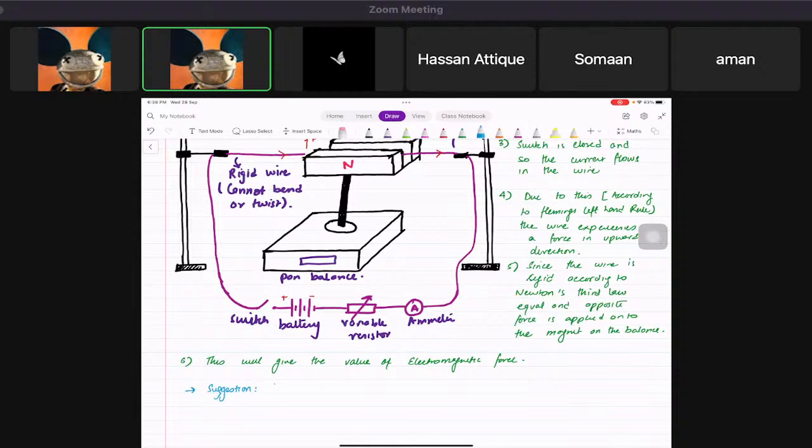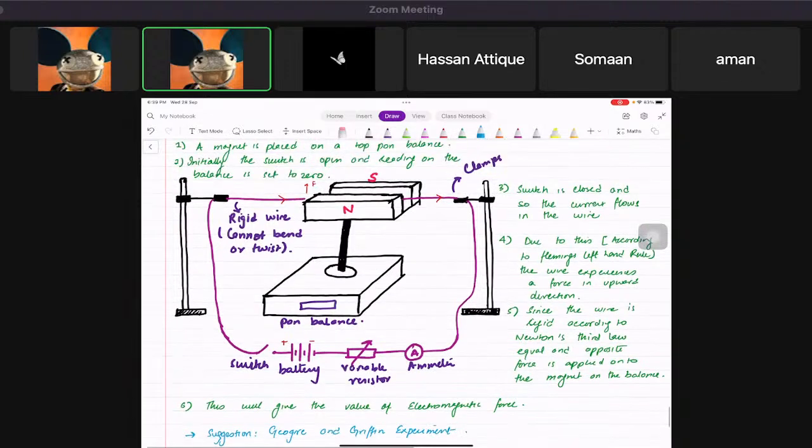But if you want to really go deep into it, you go and search George and Griffin experiment. Any questions, please let me know. I hope everything is clear. Aman, you understand? Hassan, Suman, and Gatika?